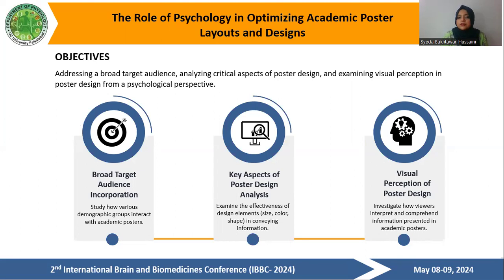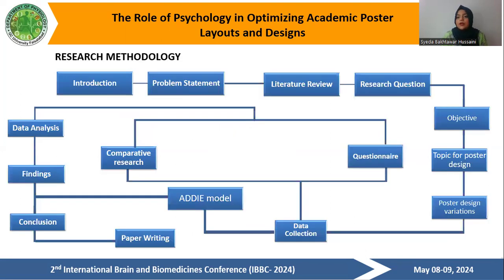After these objectives, we designed our research methodology. Earlier, as I addressed the introduction, problem statement, and objectives, we then finalized the topic for the product design, on which we would conduct our research methods. After that, we designed the poster variations on which we conducted our research and collected the data.